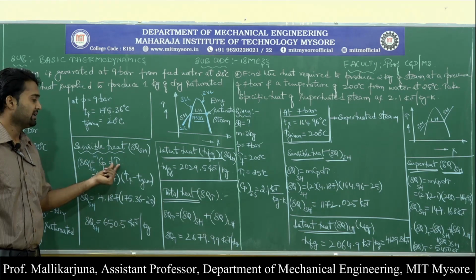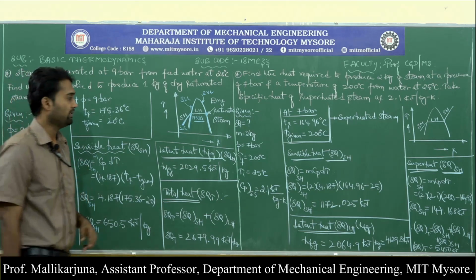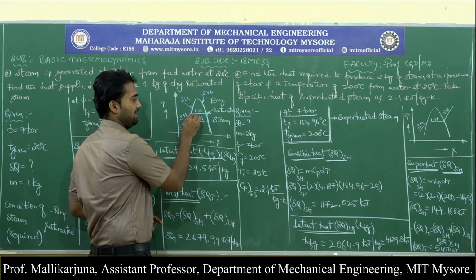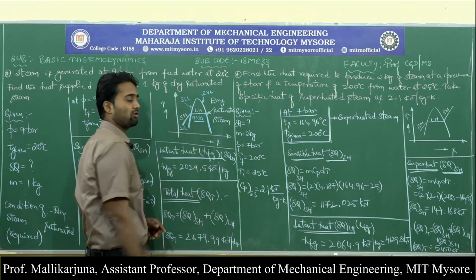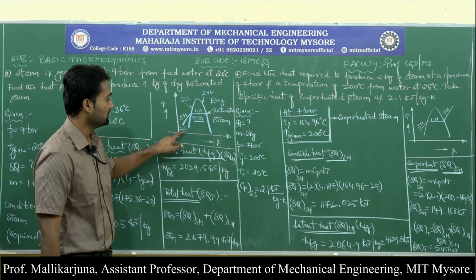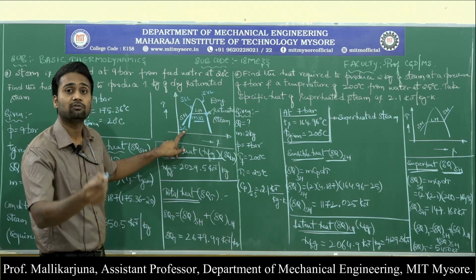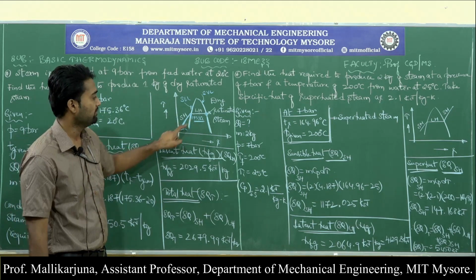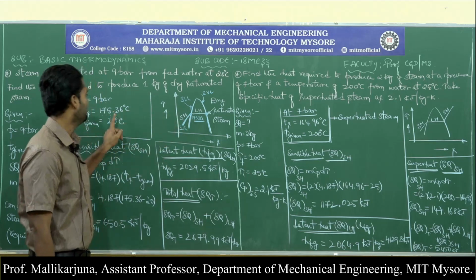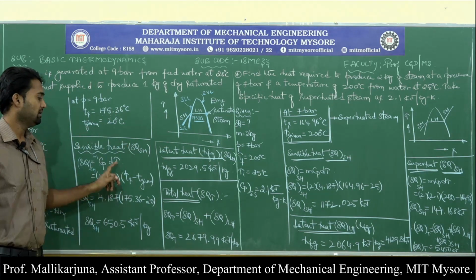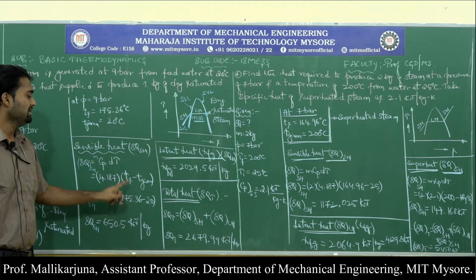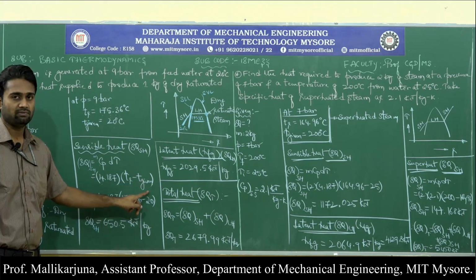Next, dT, the difference in temperature. For sensible heat, I need to look for the difference in temperature. This is the highest temperature at which water will be saturated, and this is the lowest temperature at which the substance exists in the form of water. So this minus this. What is this temperature? T saturation. What is this temperature? T given. So the difference in temperature is nothing but T saturation minus T given.